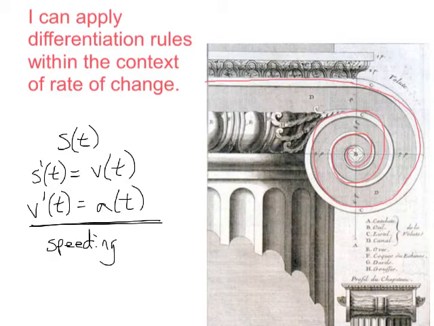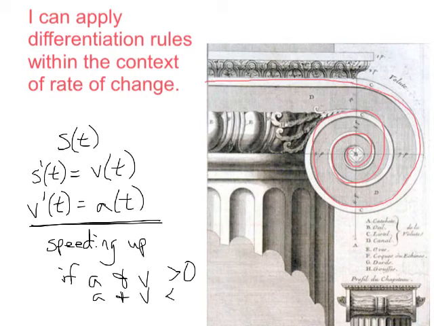We are speeding up if acceleration and velocity have the same sign. If they're both greater than 0 or both less than 0, then we are speeding up. If they're both greater than 0, you could say we're speeding up in the positive direction, and if they're both less than 0, then we're speeding up in the negative direction.